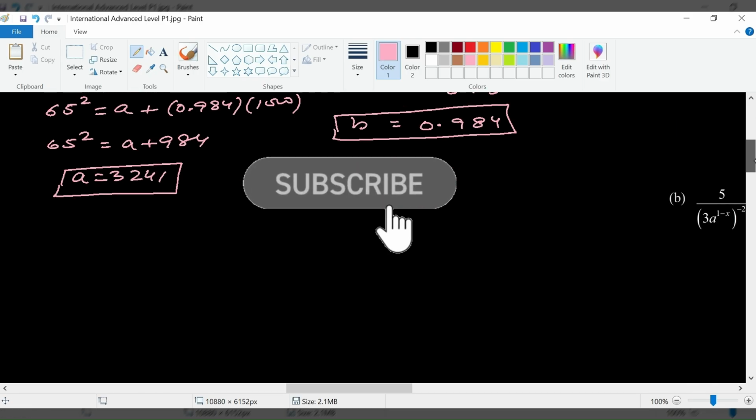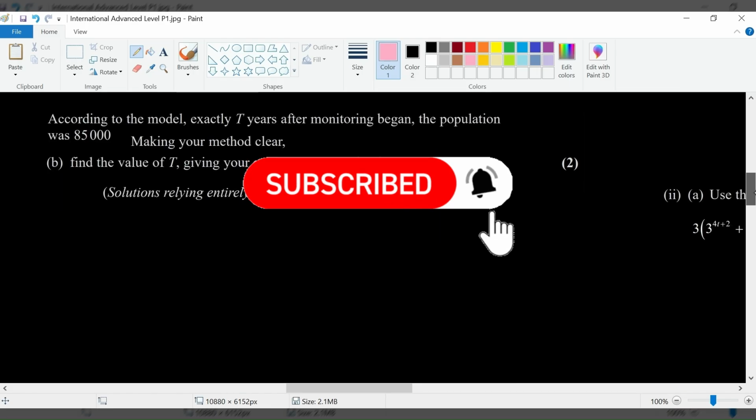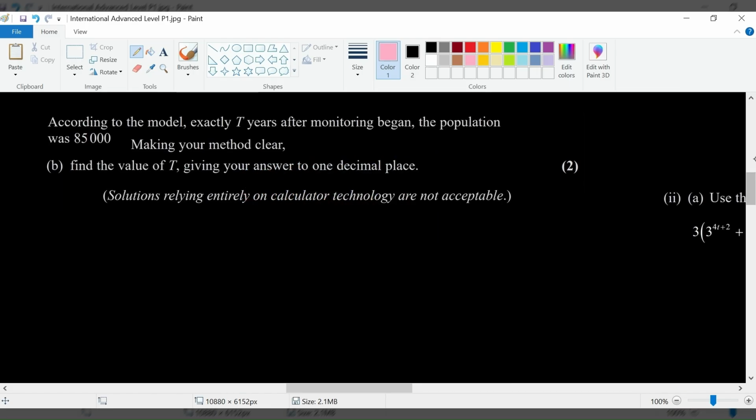Now moving on to part B of this question, it says according to the model exactly T years after monitoring began, the population was 85,000. Find the value of T, giving your answer to one decimal place.